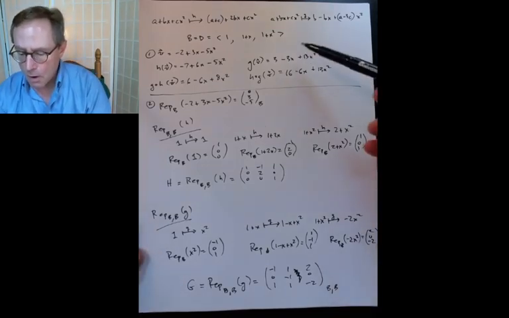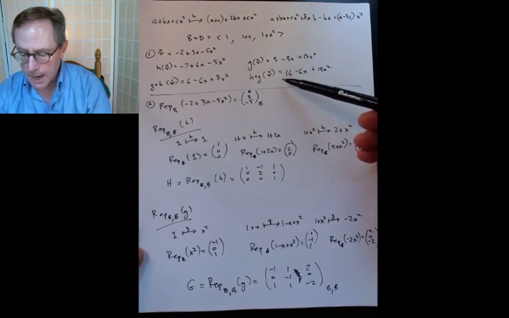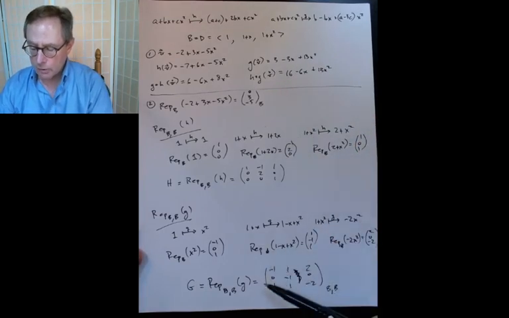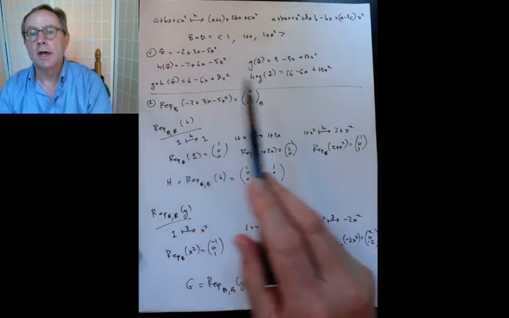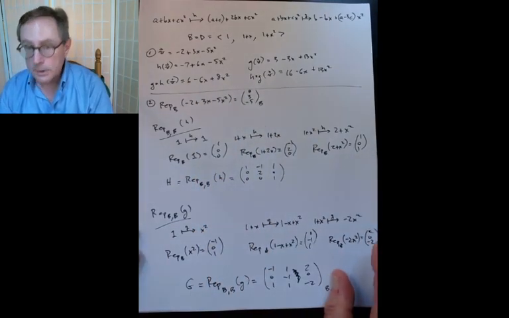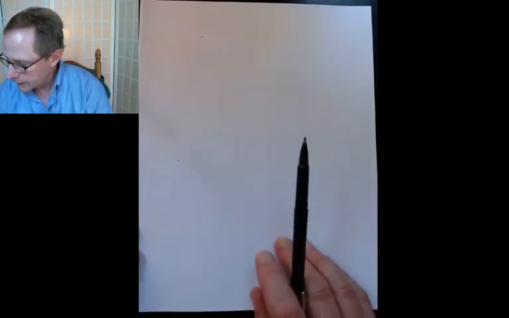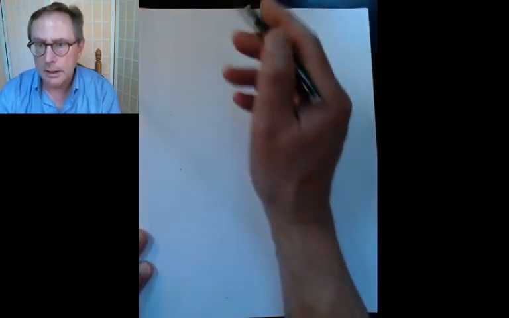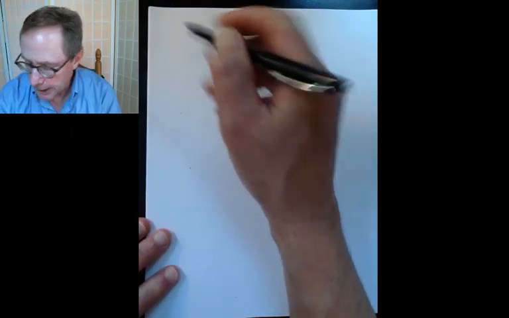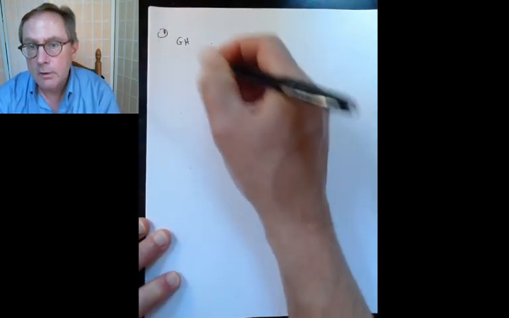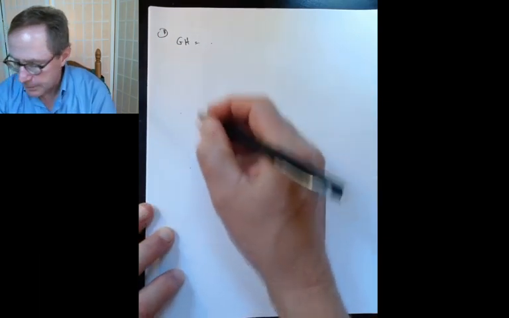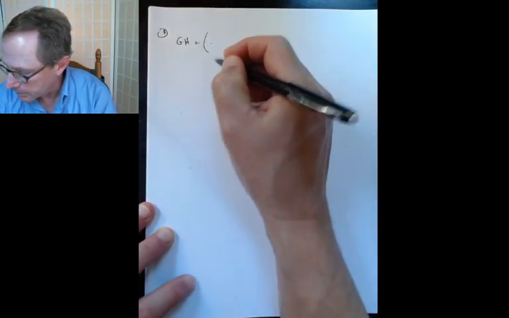Okay, so far I started off by talking about the maps, and now I've at least started representing those maps. I have yet to apply them to the vector. I'll do that next. I need a fresh piece of paper. For the fresh piece of paper, I'm going to have GH. I'll copy them down because the old piece of paper is gone.